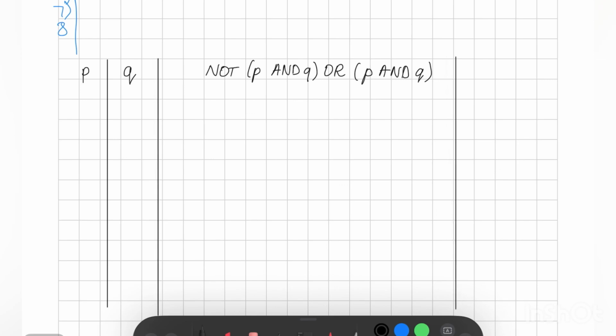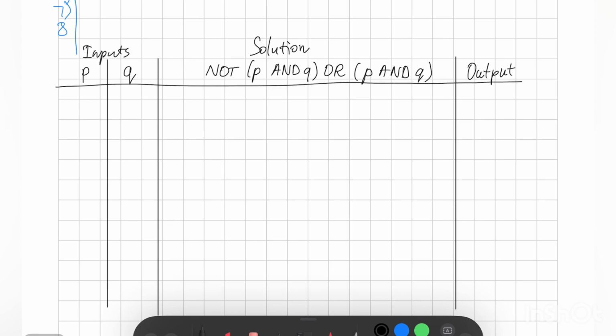Let me just write here the output, okay? Here will be the solution. We have inputs, we have solution, and we have output. So the first case is when both of them are false.